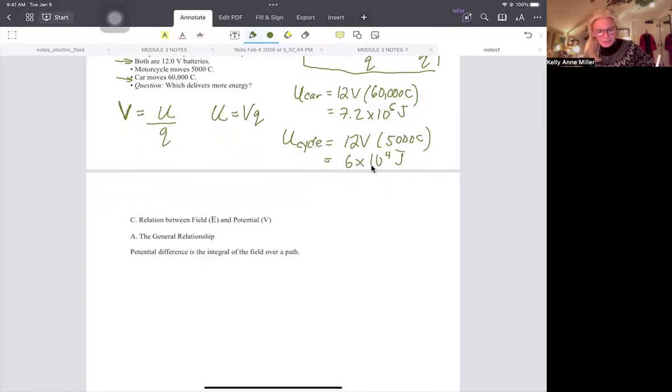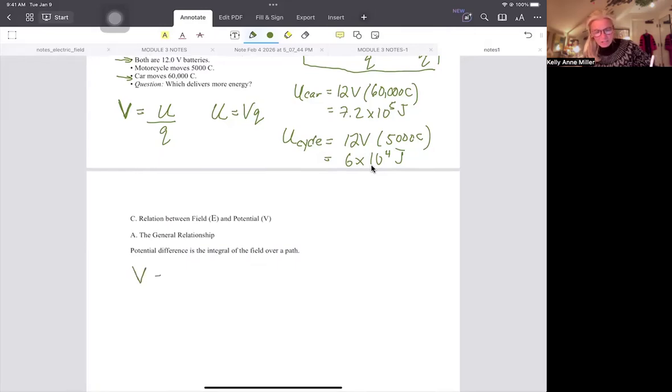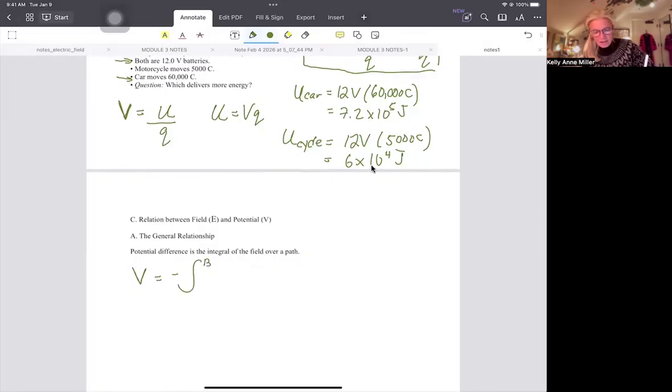Okay, so what that looks like mathematically is the electric potential is equal to the negative of the integral of the electric field along some path L between point A and point B.